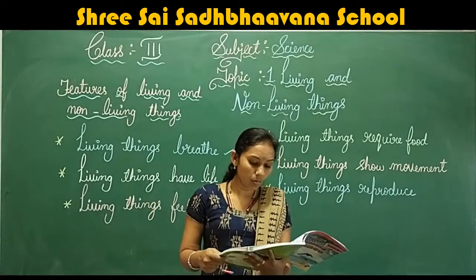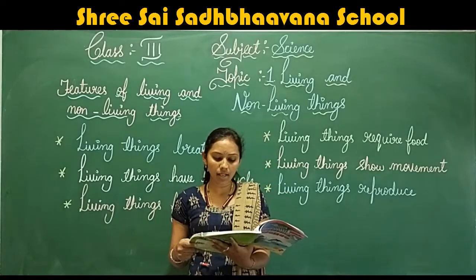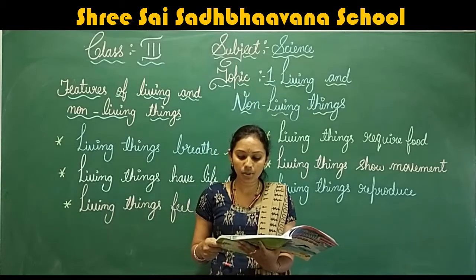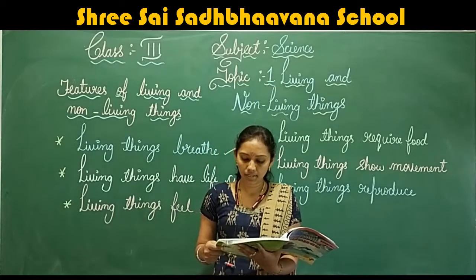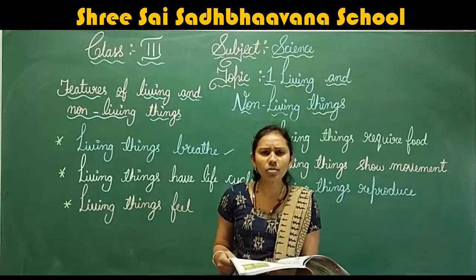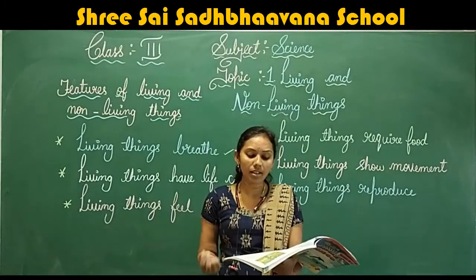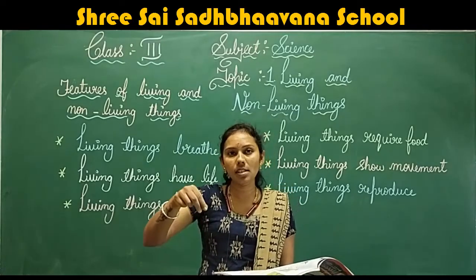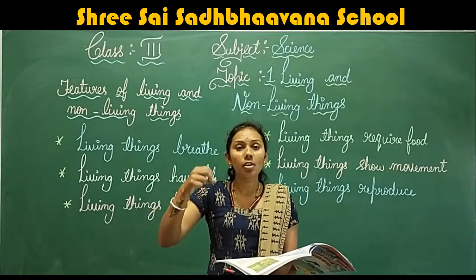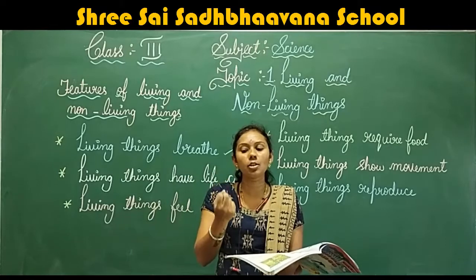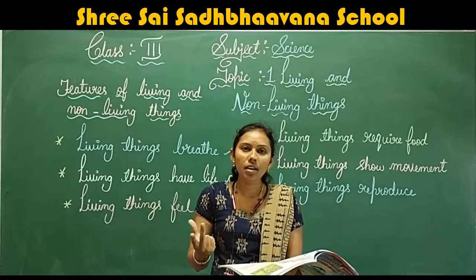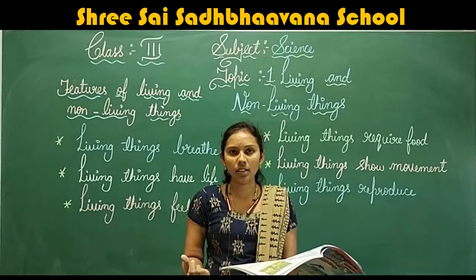Next, most new plants arise from the seeds produced by an adult plant. How do plants grow? New plants arise from the seeds, where the seeds have been thrown. So from the seeds, the new plant arises from the adult plant.